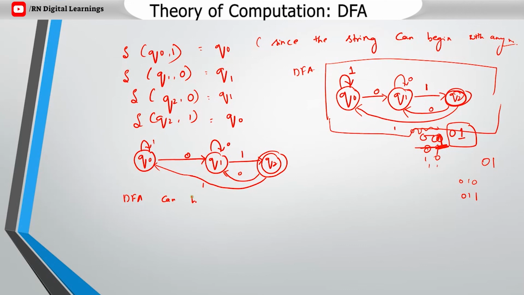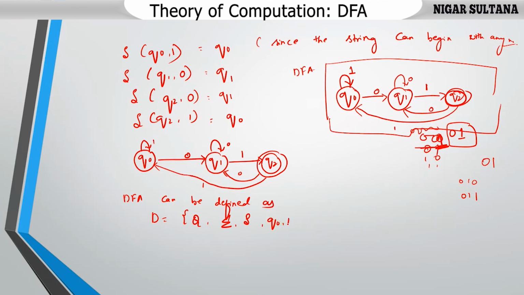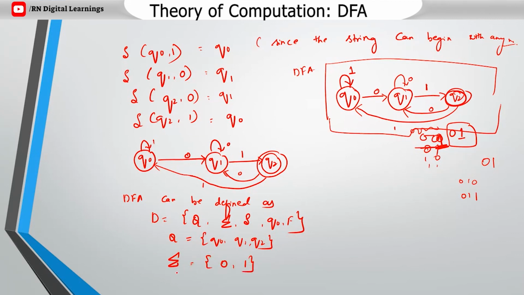DFA can be defined as D equals Q, sigma, delta, Q0 and F. What is Q in this DFA? Q is Q0, Q1 and Q2. What is the input symbol? We are going to use 0 and 1. Next, what is Q0? Q0 is Q0 itself. Then our final state is Q2.